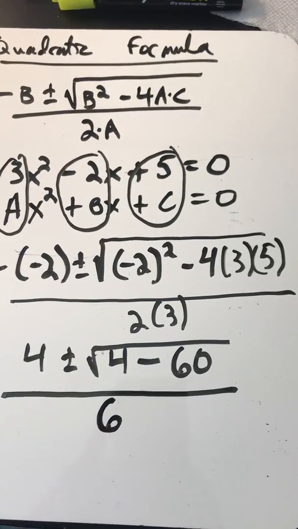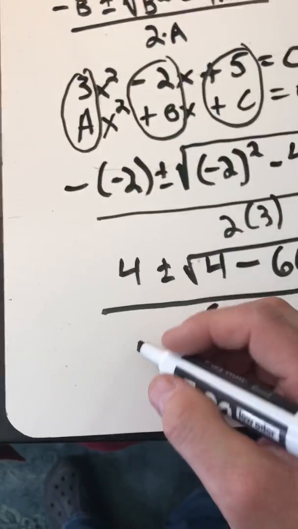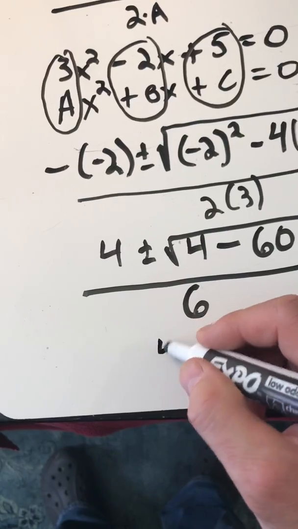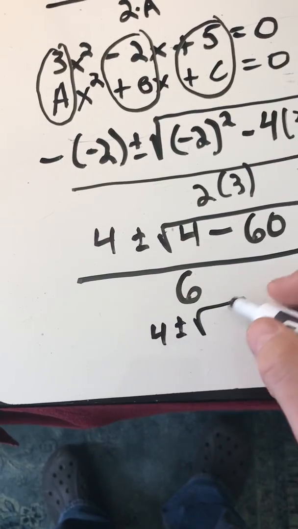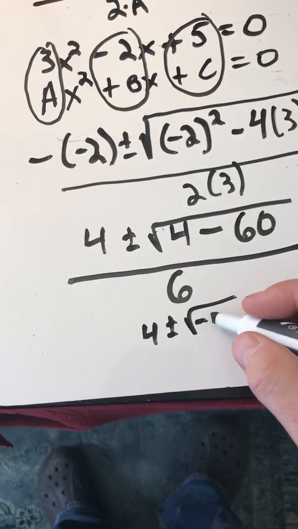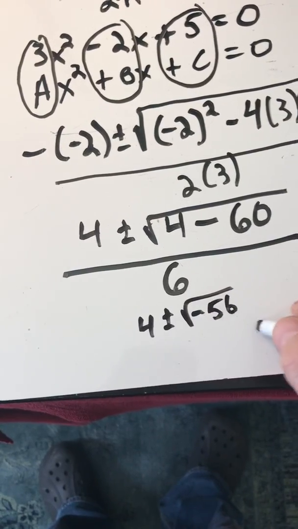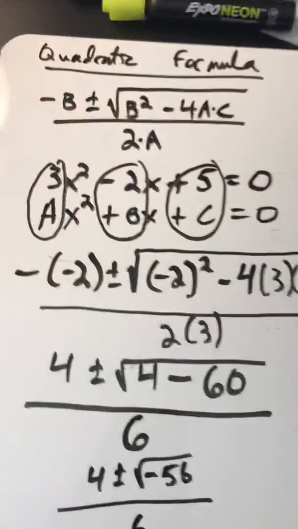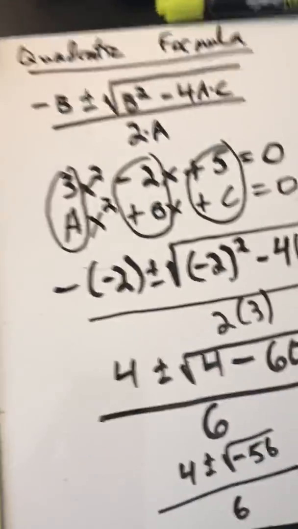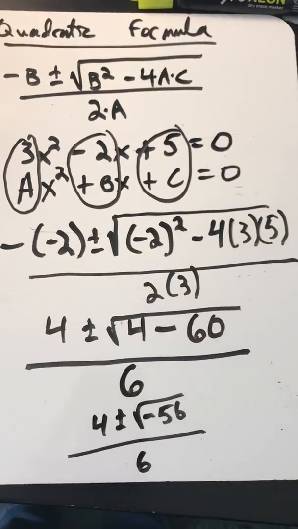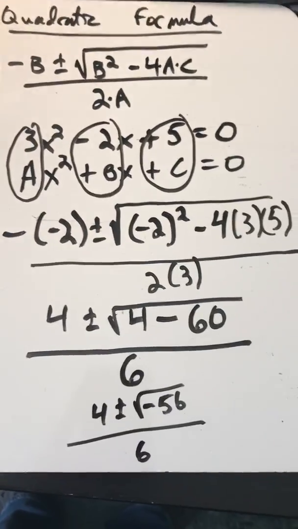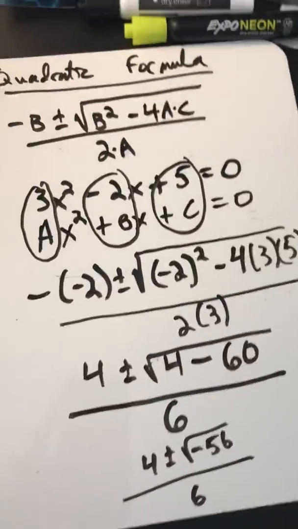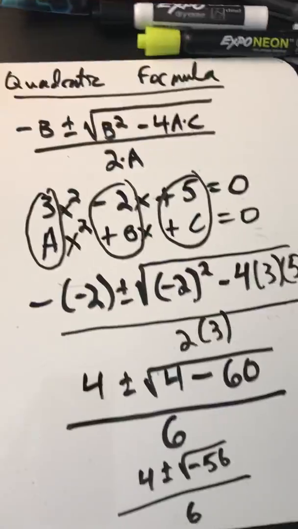All right? So we're going to get 2 plus or minus the square root of negative 56 all over 6. But of course, this can be simplified.